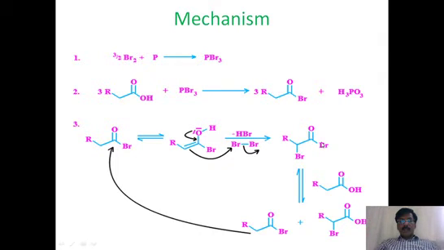So one bromo, another bromo, and after that, on further hydrolysis, you get R alpha bromo CO. This bromine on the acyl group is hydrolyzed to an OH group, and that's how we got RCHBrCOOH. So this is the HVZ mechanism, the Hell-Volhard-Zelinsky mechanism.